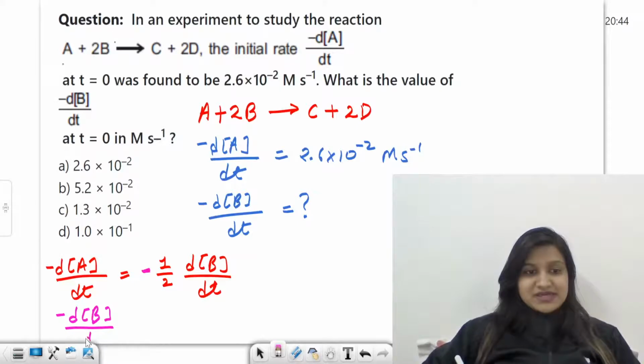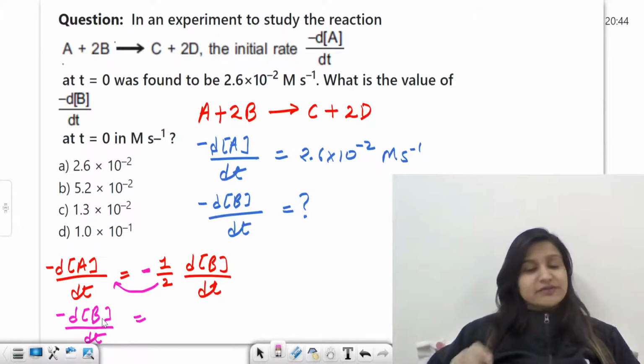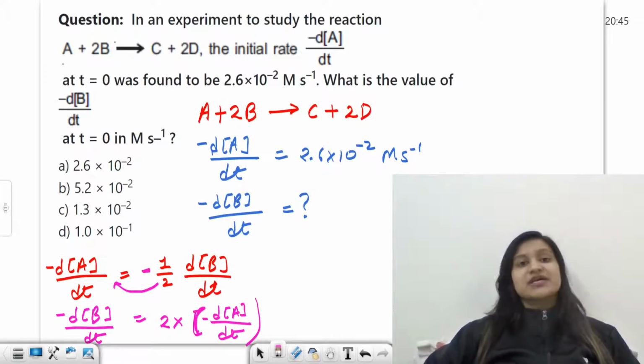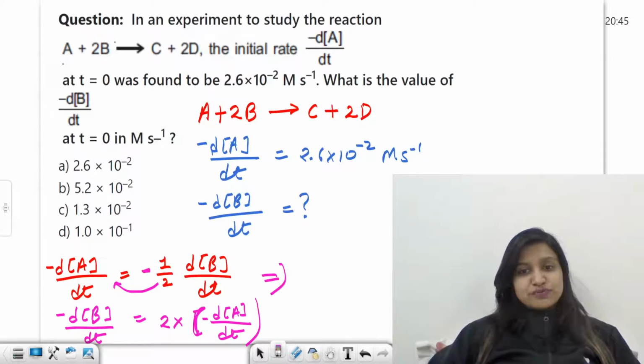So minus dB by dt comes out to be, send this 2 to the other side, a very simple equation, 2 times minus dA by dt. So it will come out to be 2 into 2.6 into 10 raised to power minus 2.